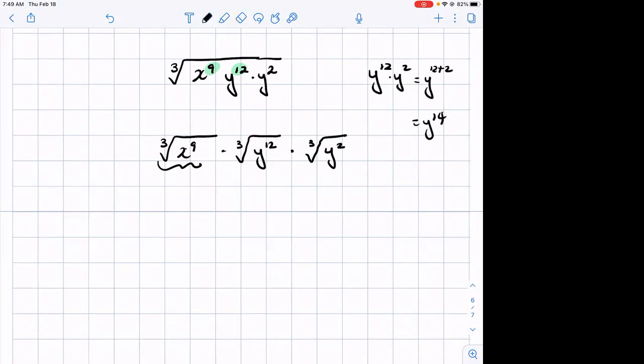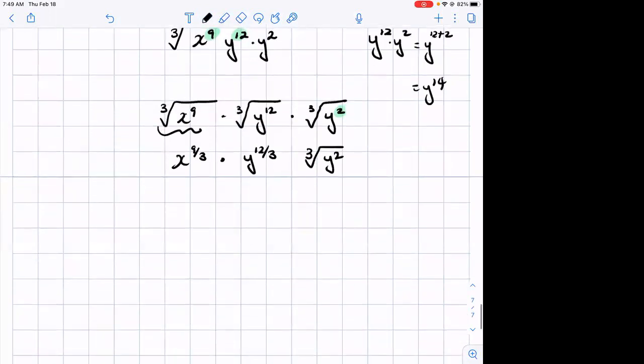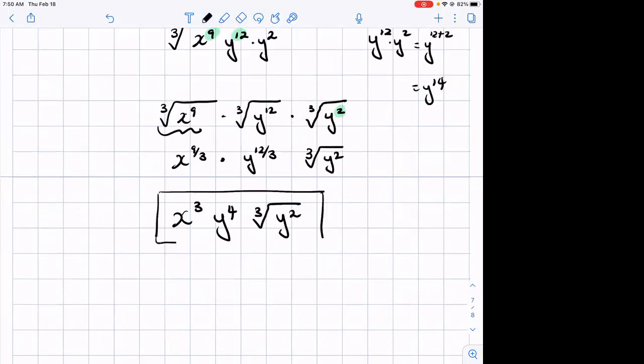Actually, let me write that out. This becomes x to the 9 over 3 times y to the 12 over 3. And since 2 here is not divisible by 3, we leave that under the radical sign. Okay? So this becomes x cubed y to the 4th, the cube root of y squared. And that's our simplified answer.